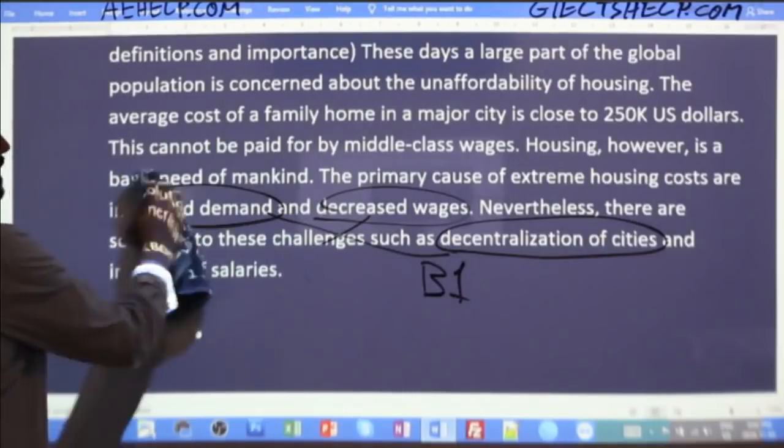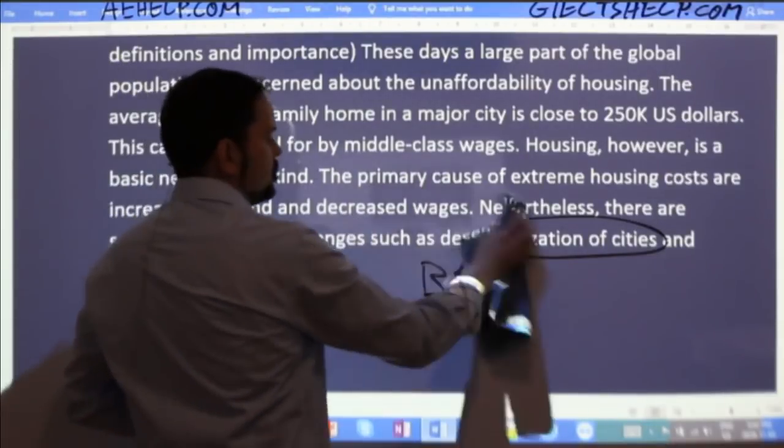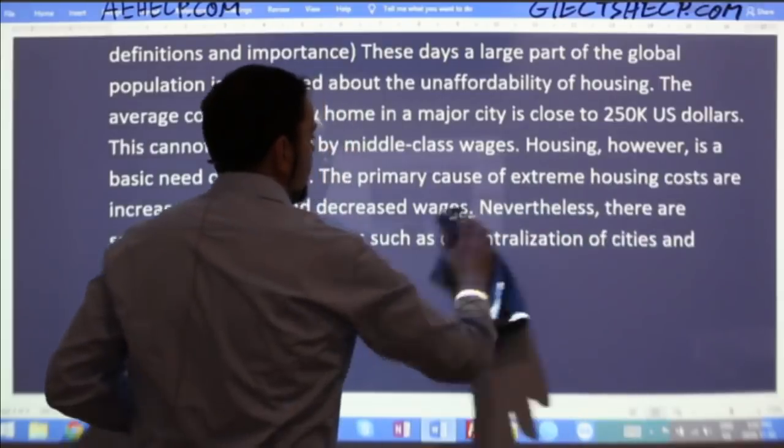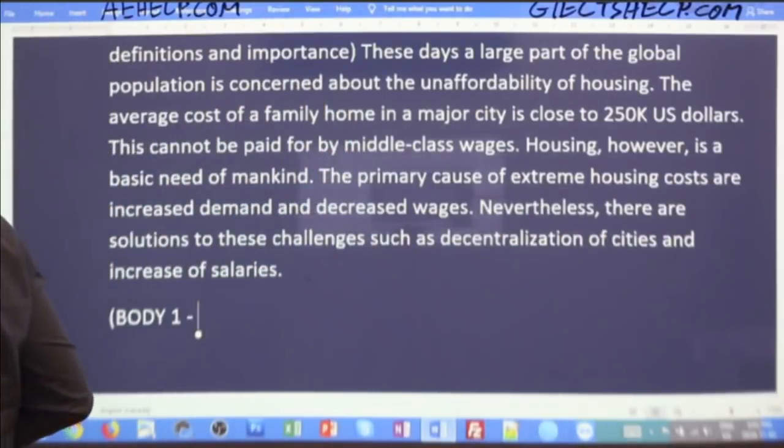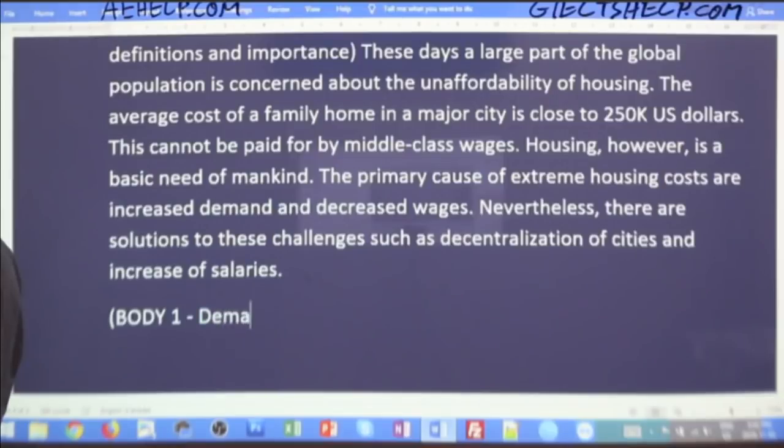So body paragraph 1 starts with a topic sentence, all right? So let's start it off with a topic sentence. So this is going to be about demand and decentralization. Okay.